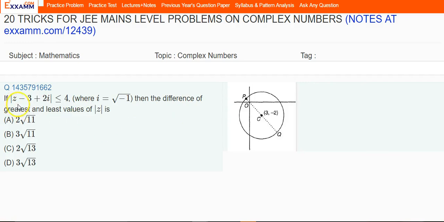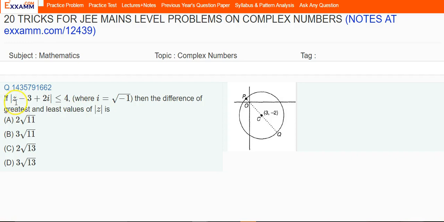Now let us consider the problem where we will be using the graphical representation. We are given that modulus of z minus 3 plus 2i is less than or equal to 4, and we have been asked to find the difference between greatest and least value of modulus of z. Now here, what does this figure represent?